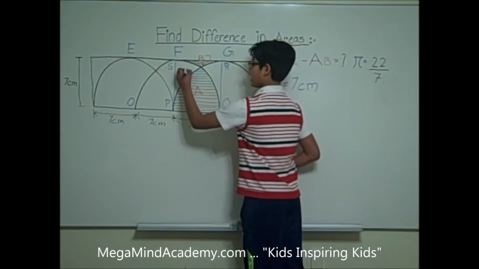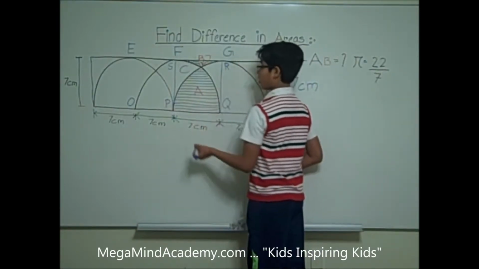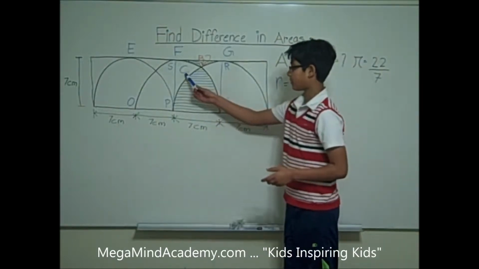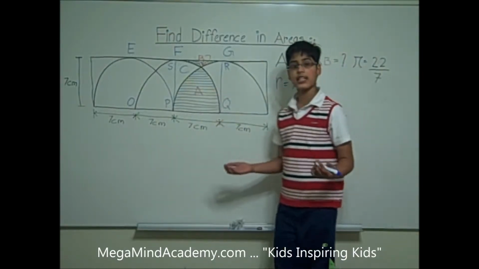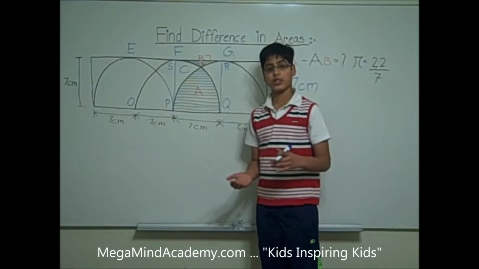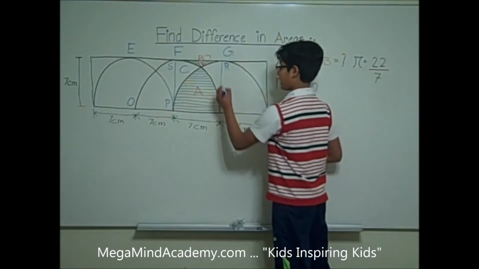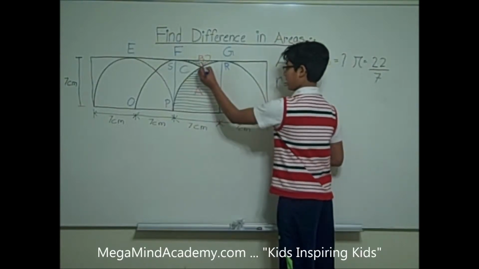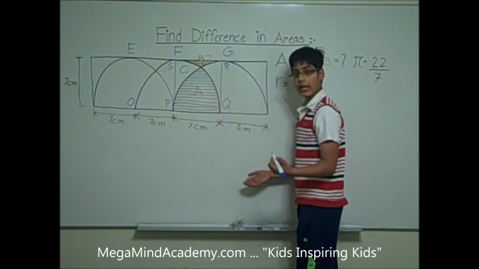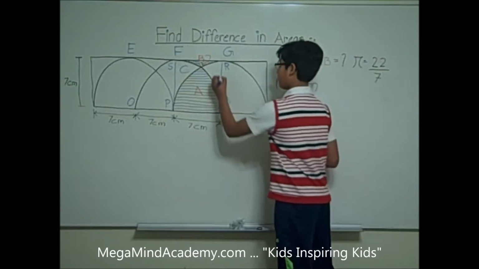Let's name this unshaded portion as portion C. Now, because these portions are equal to each other in area, this unshaded portion here should also be named portion C.